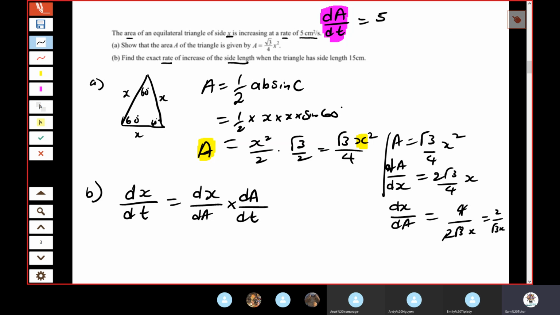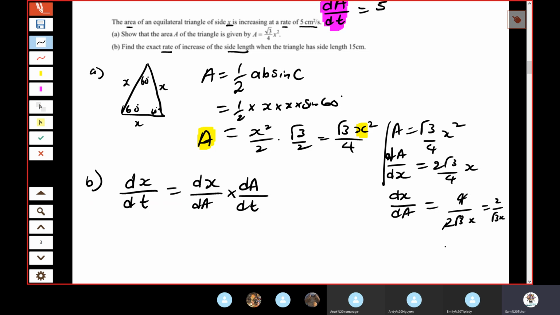So they gave me, I know I need dx on dA. But when I'm looking at my equation, I'm only going to be writing dA on dx. But that's okay, I can just flip it. Yep, that makes sense. And then side length is 15. So that equals 2 on root 3 times 15, so 2 on 15 root 3 times dA on dt, which is 5.